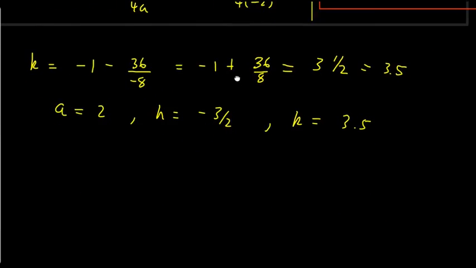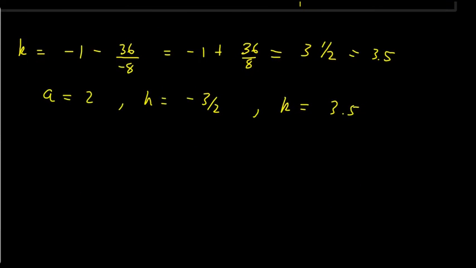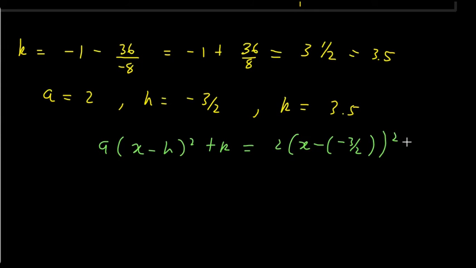Now we have a(x minus h) squared plus k. It's now 2 times (x minus (minus 3/2)) squared plus 3.5.